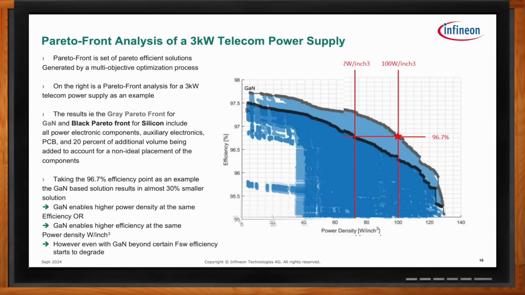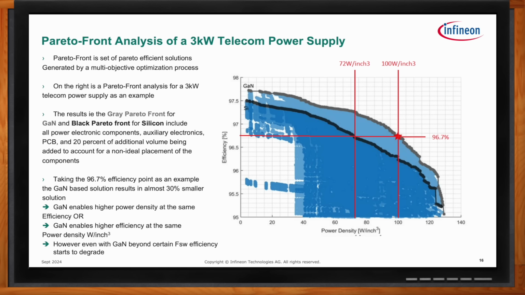The Pareto-front analysis example for this 3 kilowatt telecom converter shown on this slide puts this best in perspective. Let's begin, as a reminder to our audience, with what a Pareto-front is, which is basically a set of Pareto-efficient solutions generated by a multi-objective optimization process. That is, for each set of assumed inputs and settings, best performance is achieved.